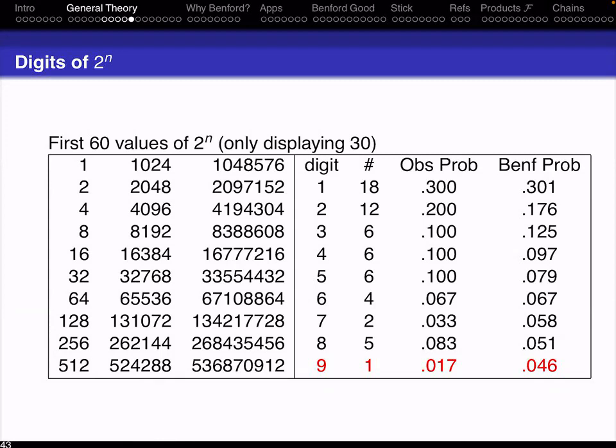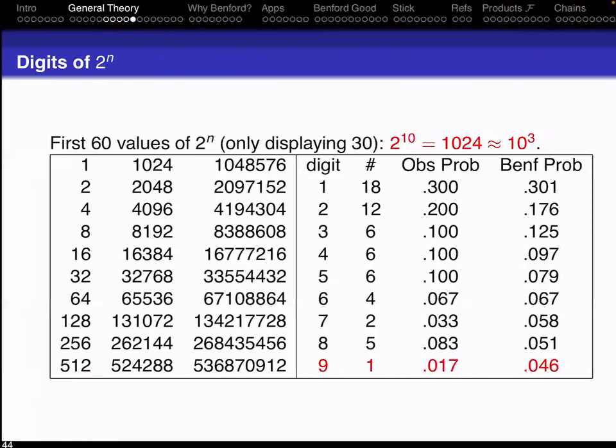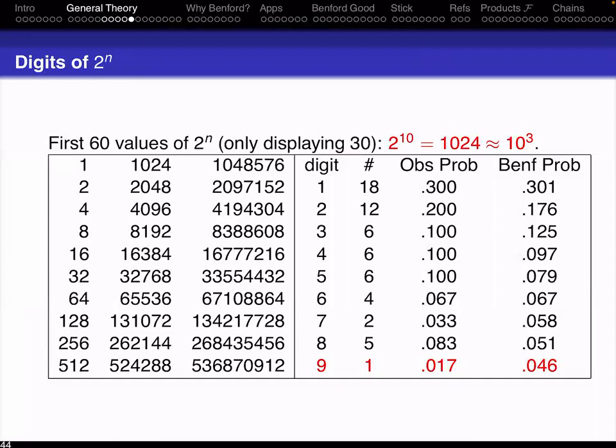Now, when you think about it, mega and giga are supposed to be 1,000. Why is there 1,024 rather than 1,000? Is it because the computer scientists just don't understand Greek and Latin? Everything is base 2. 1024 is 2 to the 10. So 2 to the 10 is 1024, which is almost 10 cubed.